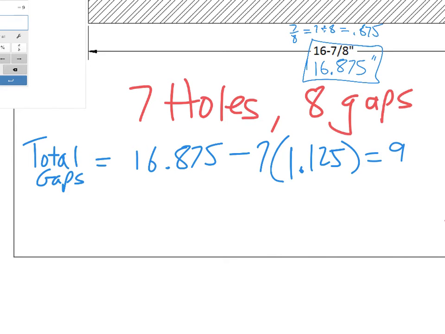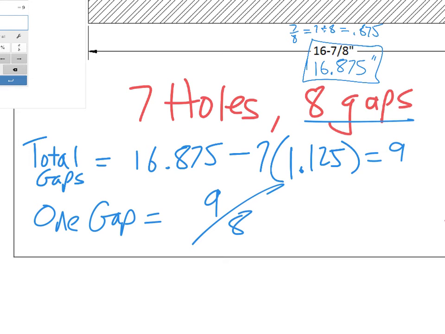Well, how many gaps do we want? We want 1 gap. Well, we're going to have 9 divided by, we have 8 gaps. 8. Now, the good news is, when we say 9 divided by 8, well, look when we write it this way, without the classical division sign, 9 divided by 8 means 9 over 8, which look at what that is.